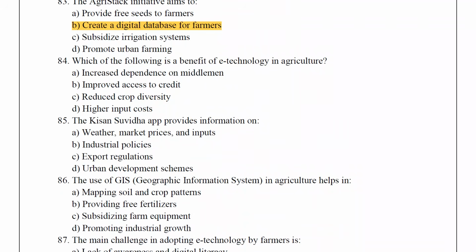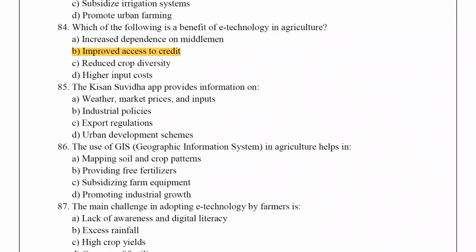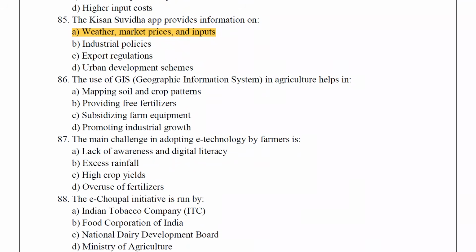Which of the following is a benefit of e-technology in agriculture? Improved access to credit. The Kisan Suvidha app provides information on weather, market prices and inputs. The use of GIS, Geographic Information System, in agriculture helps in mapping the soil and crop patterns.